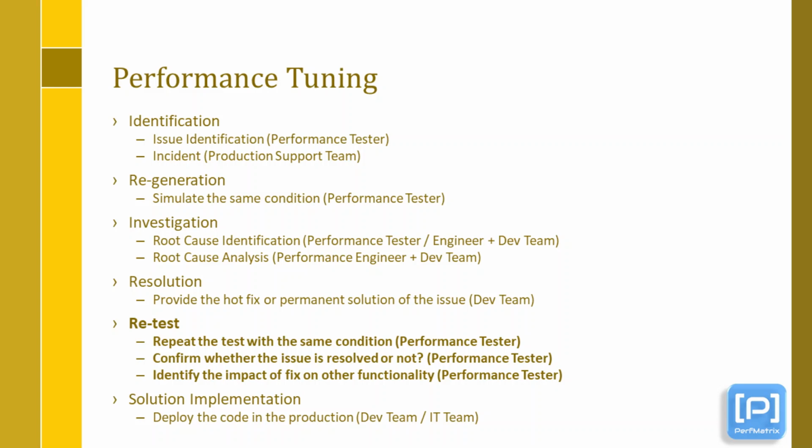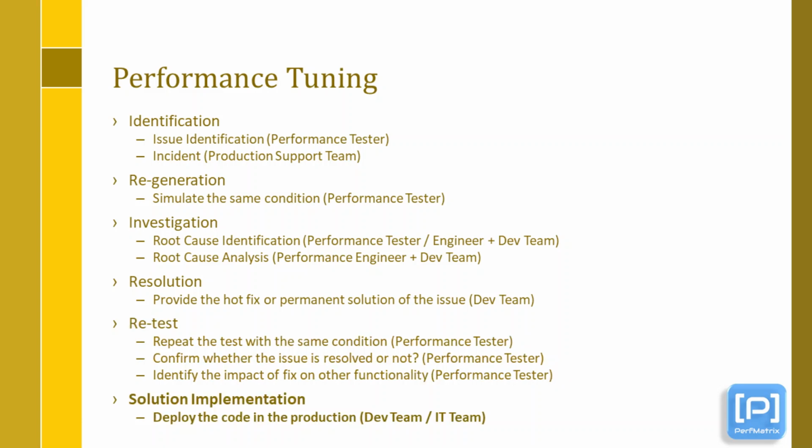All these tasks are carried out by the performance tester, who then puts a stamp on the result. If everything goes fine, then the solution is implemented in production. In case of any failure, the application will again undergo the tuning process.